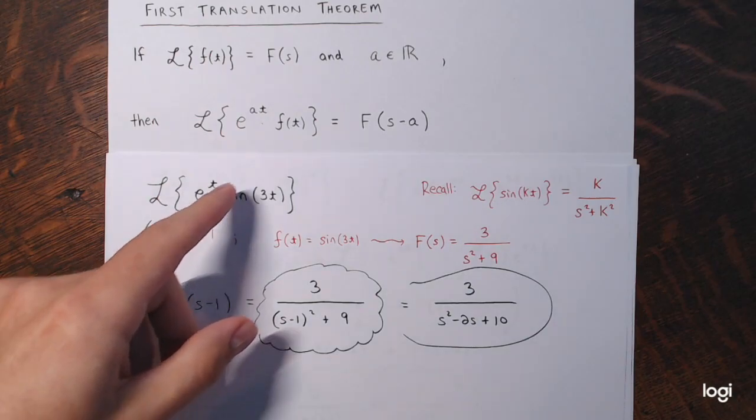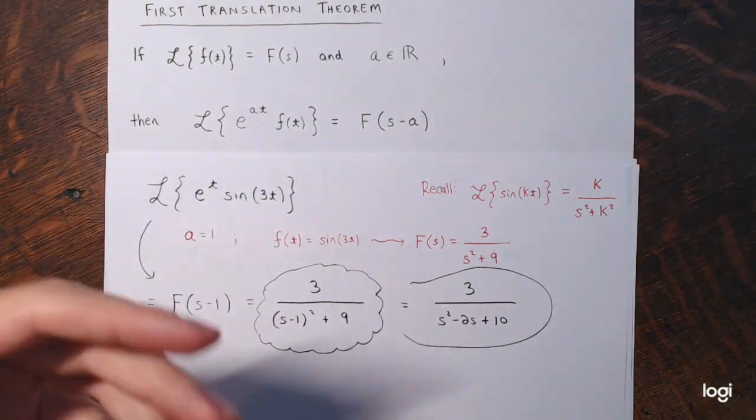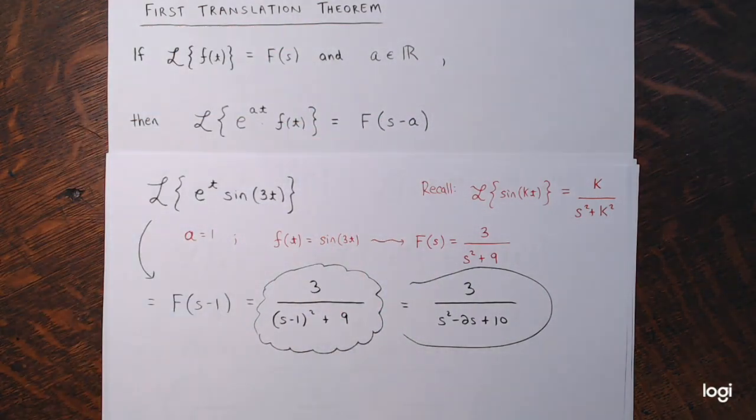And then, multiplying these functions by an exponential just changes the Laplace transform by replacing all the s's with whatever s minus a is. Okay, so hopefully not so bad, those.